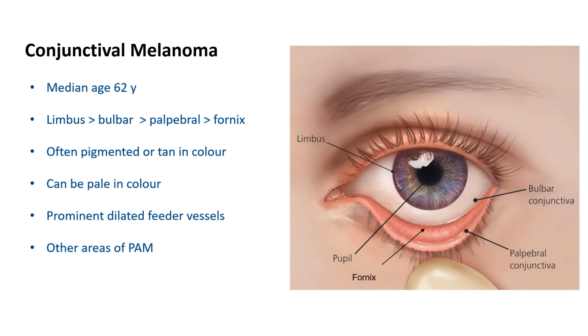Melanomas are usually pigmented, so they're brown, black or tan in colour. They very occasionally can be amelanotic, without colour. They usually have quite prominent feeder vessels, and you may see areas of primary acquired melanosis on the surface of the eye otherwise.